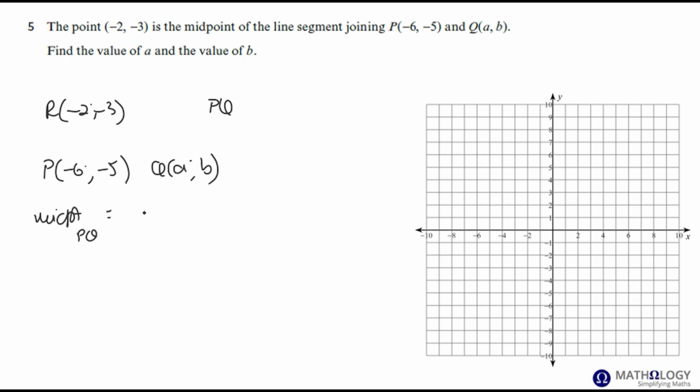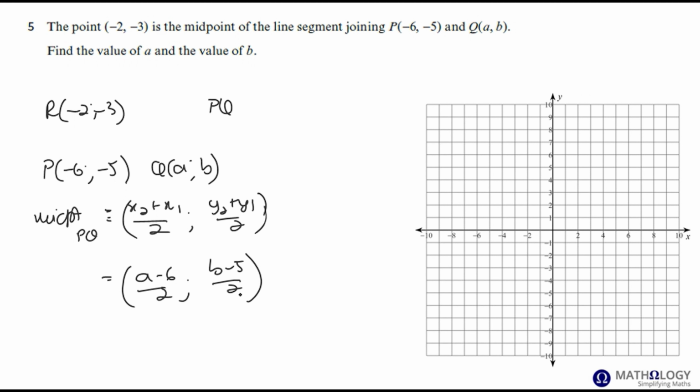So the midpoint of PQ is (x2 plus x1 over 2, y2 plus y1 over 2), and always enclose it in brackets because we are talking about a point here. So we will have a minus 6 over 2, that's the x-coordinate of the midpoint of PQ, and b minus 5 over 2 is the y-coordinate of the midpoint of PQ.